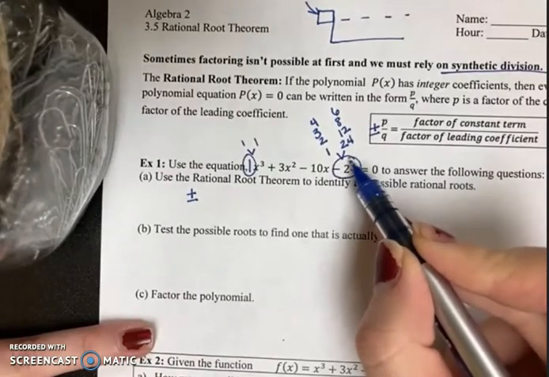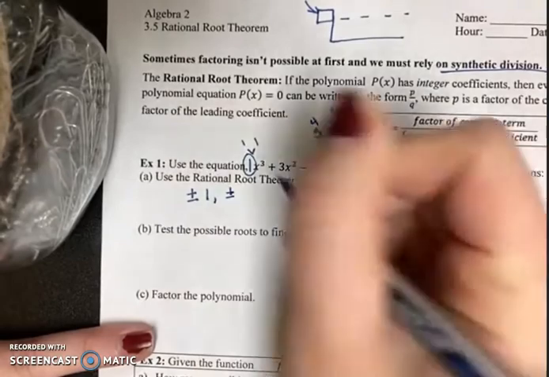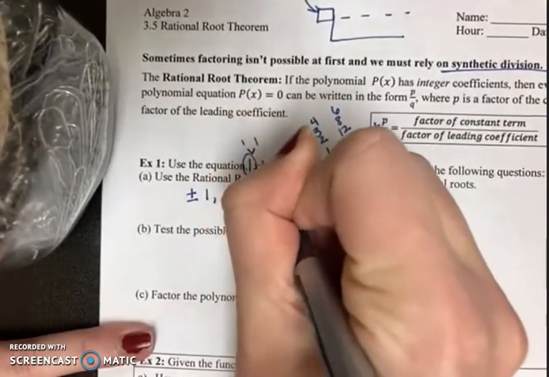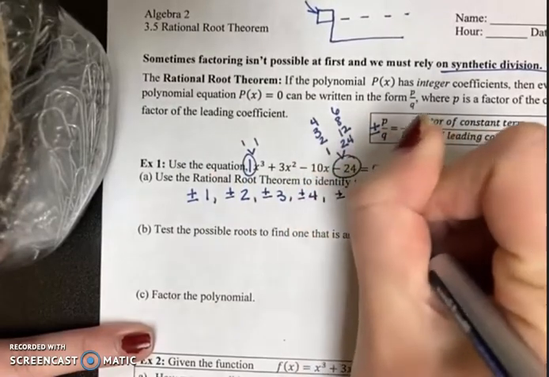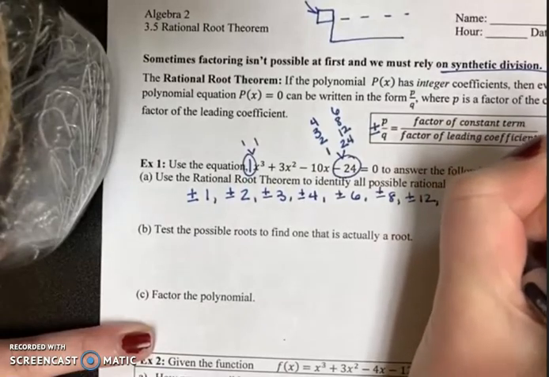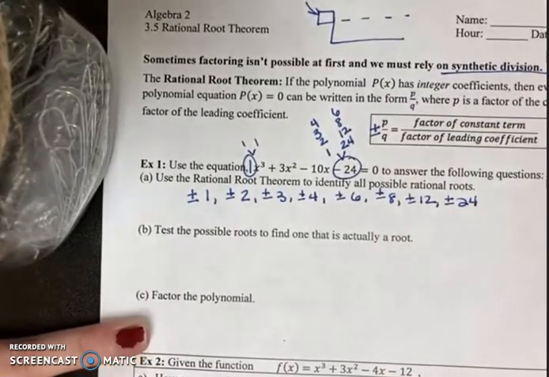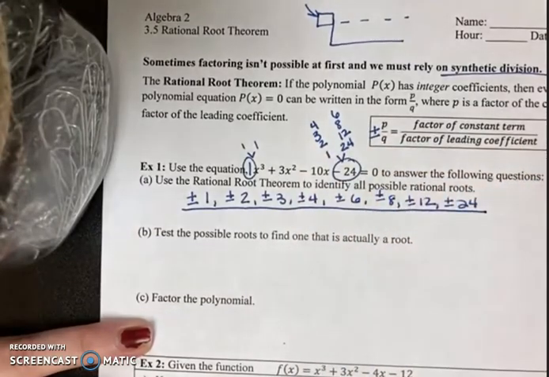So these are going to go in the numerator, all of these factors: plus or minus 1, plus or minus 2, plus or minus 3, plus or minus 4, plus or minus 6, plus or minus 8, plus or minus 12, plus or minus 24, all over all of the factors of the leading coefficient.